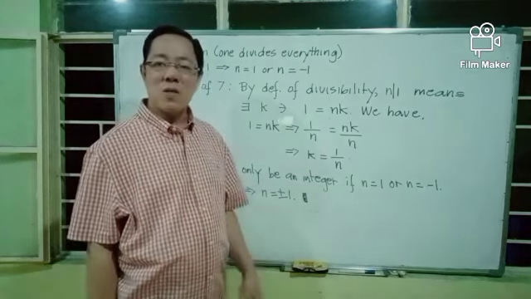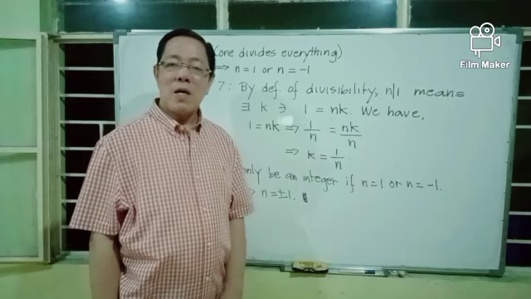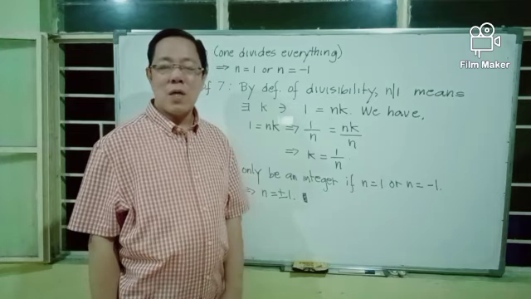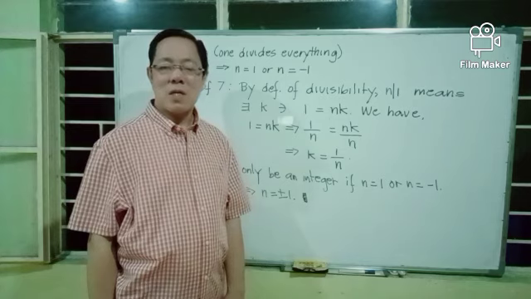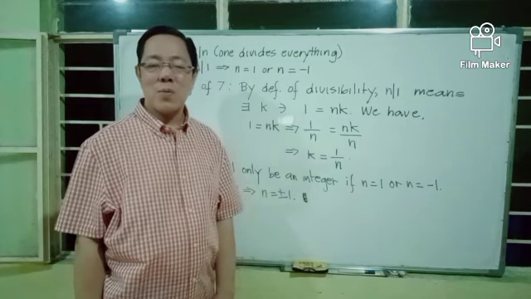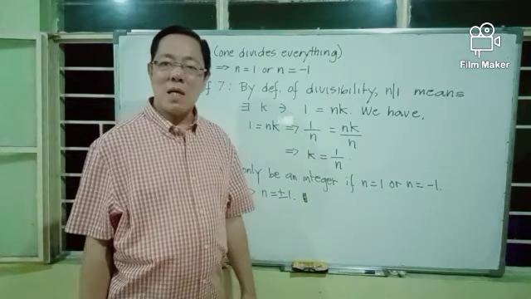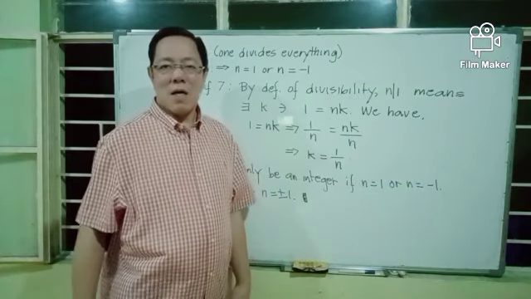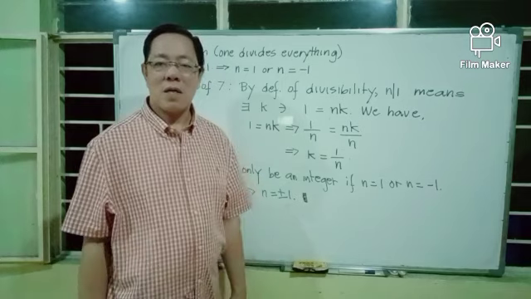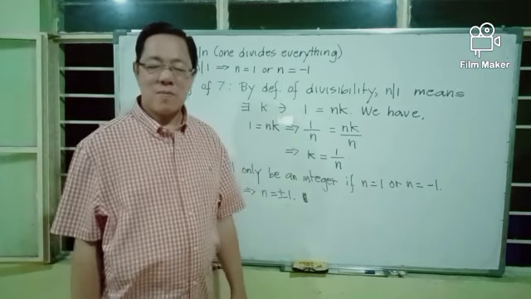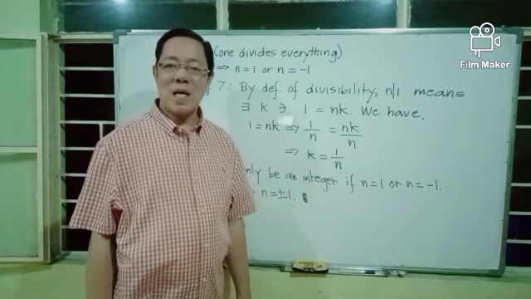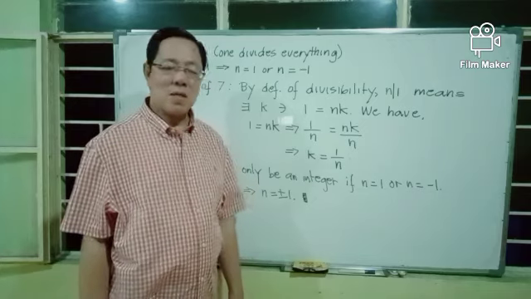Similarly, if you assign values of n that are negative, from negative 2 or less than negative 2, that is, if n is negative 2, negative 3, negative 4, etc., 1 over n is not an integer, but a negative proper fraction. Example, 1 over negative 2, 1 over negative 3.